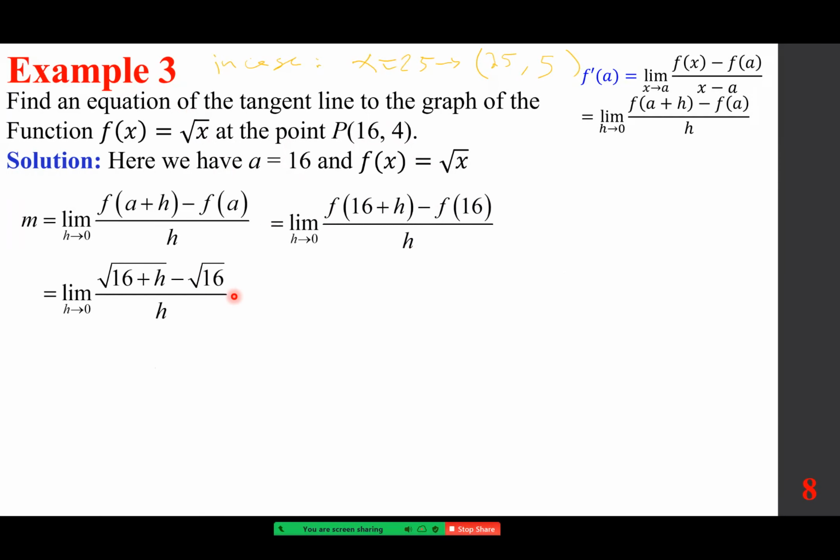Can anybody tell me what you get if you plug in, right here? Anyone? If you plug in, what do you get? 0 over 0. Perfect.